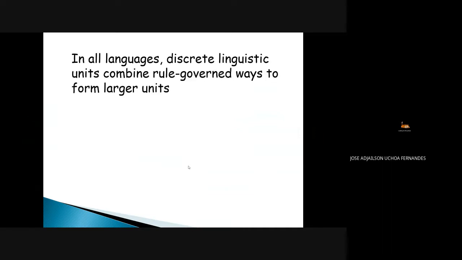Now, let's take this from Saussure. Saussure says that in all languages, discrete linguistic units combine in rule-governed ways to form larger units. So the minimal unit in the science named morphology is the, you should know this by heart. What is the minimal unit for morphology?